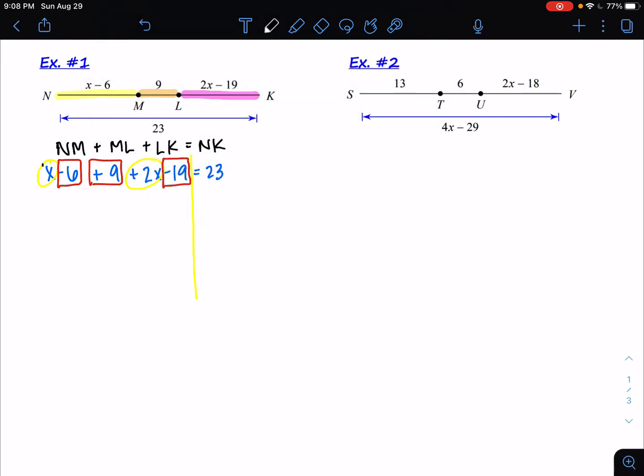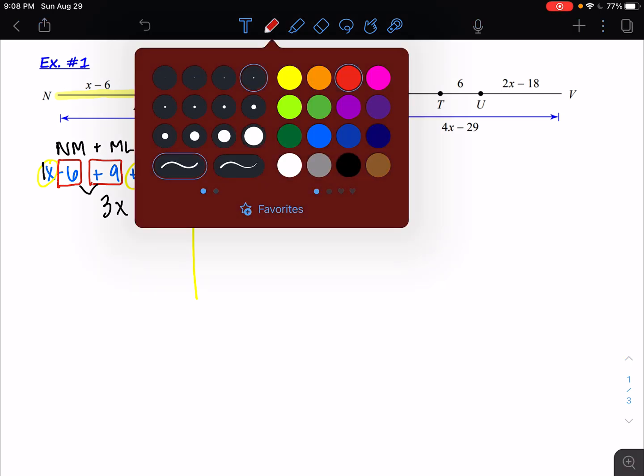X plus 2x, we know there's an invisible 1 right there, so that gives me 3x. Negative 6 plus 9 minus 19 is 3 minus 19, which is negative 16. Drop down your equal sign, 23. The left side is simplified, the right side is simplified, so I'm going to use my inverse operations.